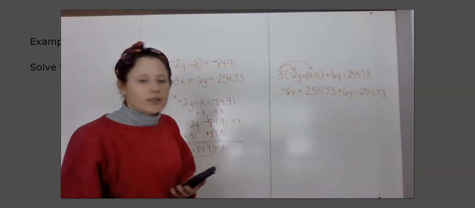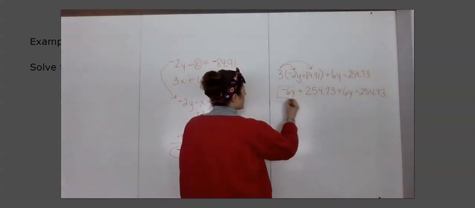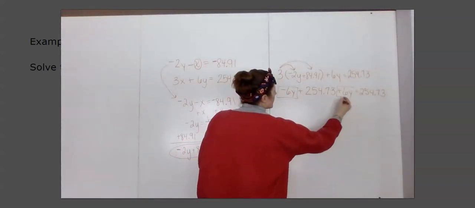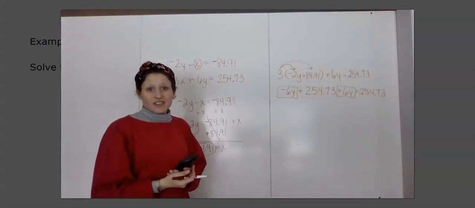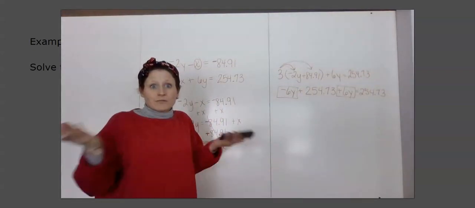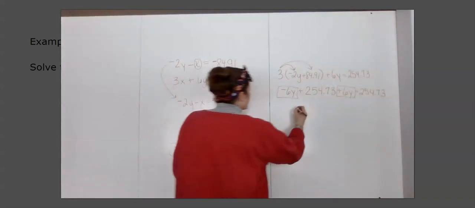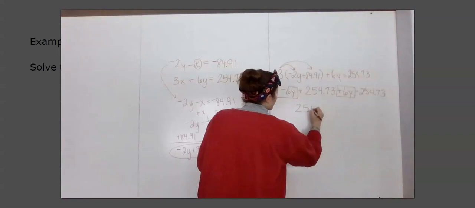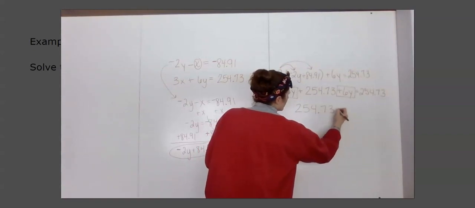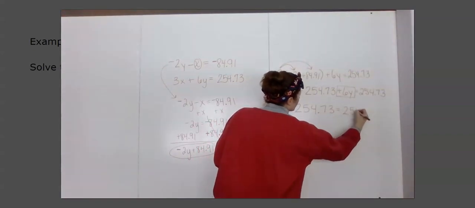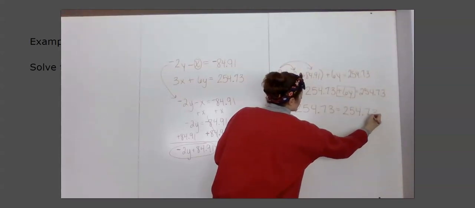Okay, next order of business is I need to combine my like terms. I have negative 6y plus 6y. My y terms cancel out. I can't do anything with them. So now I'm left with 254.73 equals 254.73.